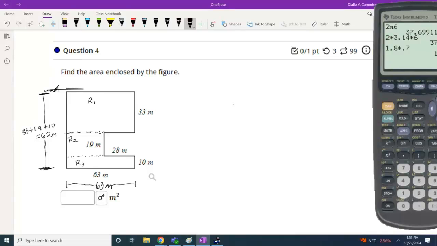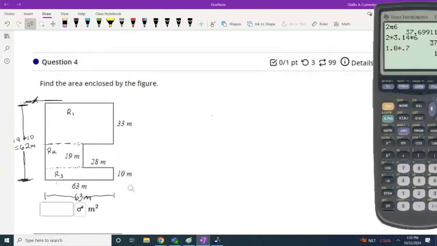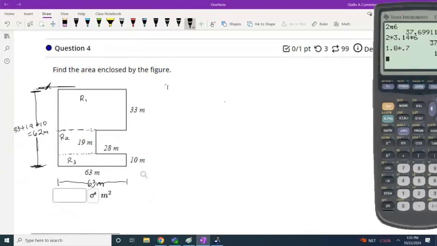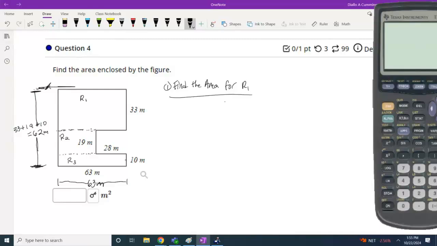Now since we're finding the area and not the perimeter, I'm going to find the area of rectangle 1, the area of rectangle 2, and the area of rectangle 3, and we're going to add them up all together. So the first thing I'm going to do is find the area for R1.